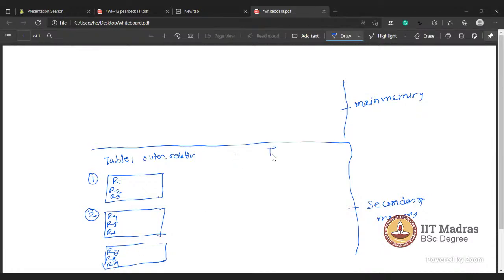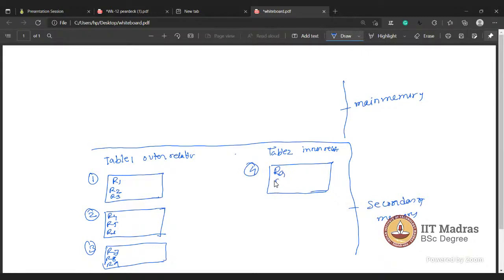And this is table 2, the inner relation, and the number of blocks is 3. Suppose this is table 2's first block, so name it 4.